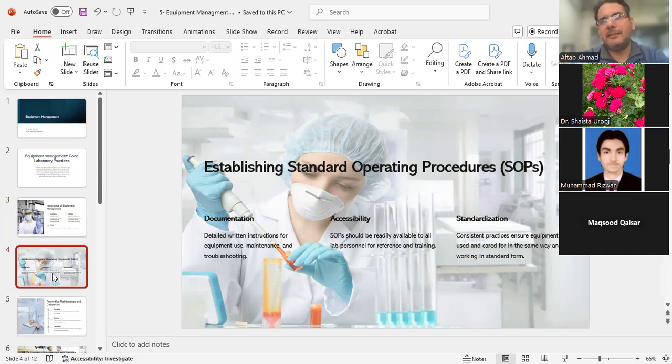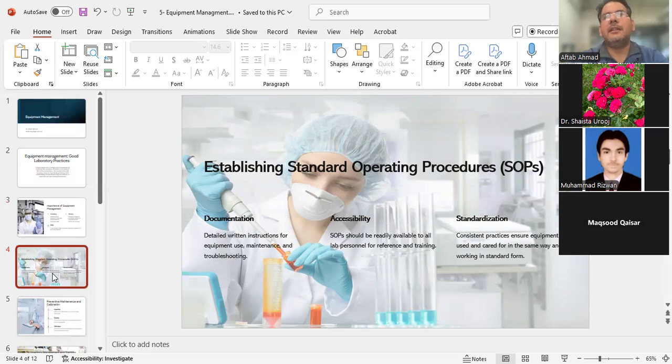Just like we discussed in the last lectures, who is working in the laboratory, what the role of the principal investigator is, what the role of the principal scientist is, and what the roles are of the people who are assisting those scientists. There are proper SOPs for them, and proper SOPs for all the procedures you are doing.